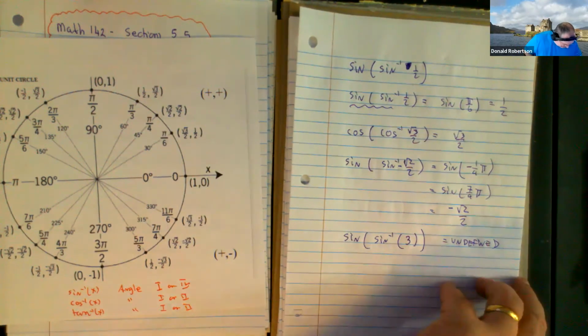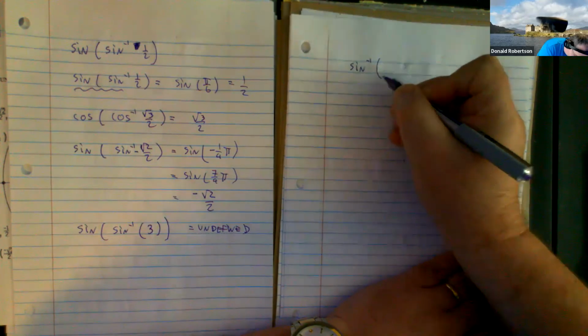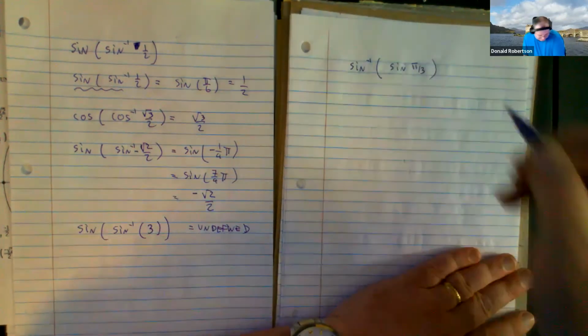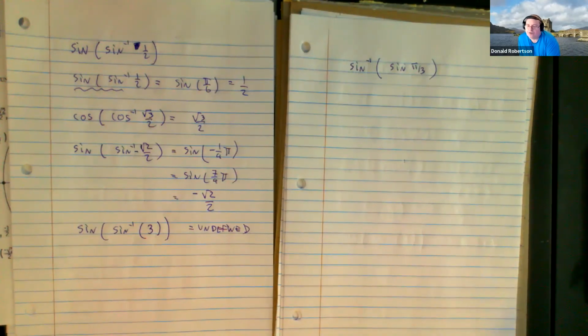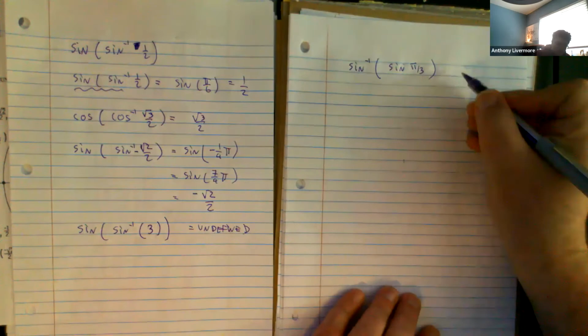Now, let's switch places. I'm going to do an inverse sine of the sine of pi upon 3. What do you think the answer should be this time? What's your gut feeling? Pi upon 3? Well, let's find out.